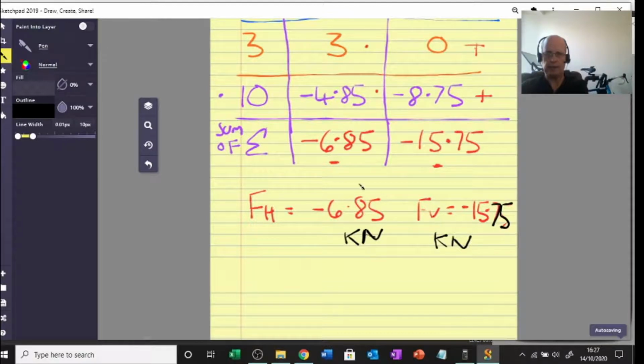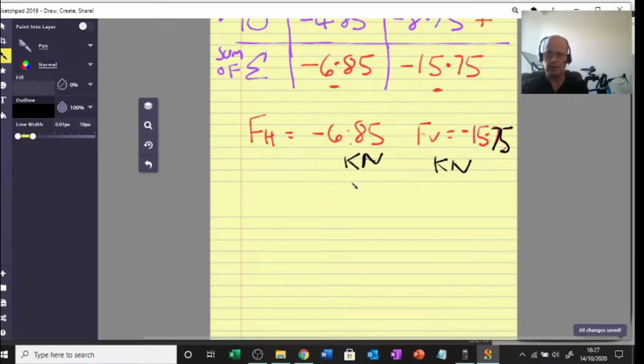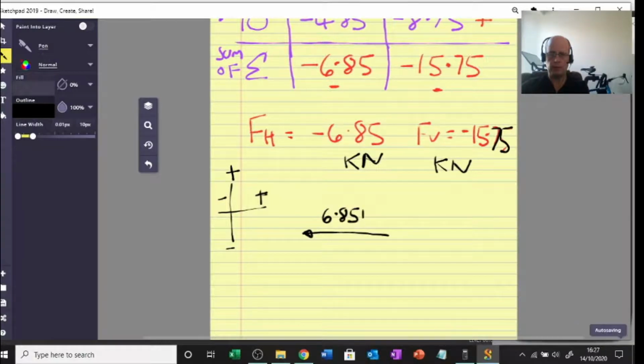What that means in real life is that the horizontal force is minus. It's not floating, it just means this again, look. It's going this way, 6.85 kilonewtons, going that way, minus 6.85 kilonewtons.